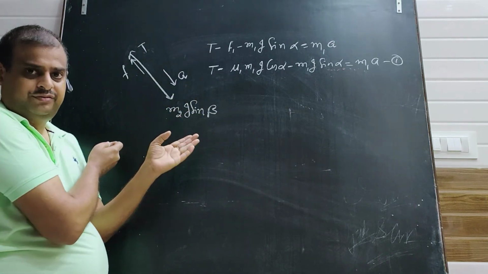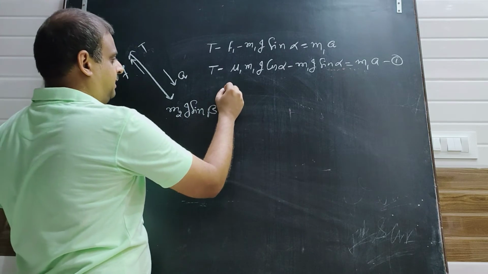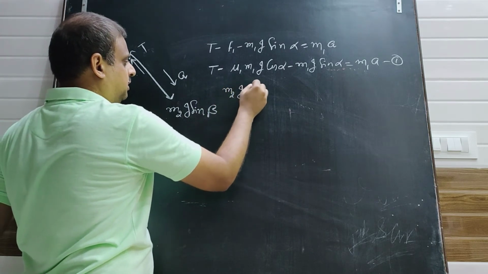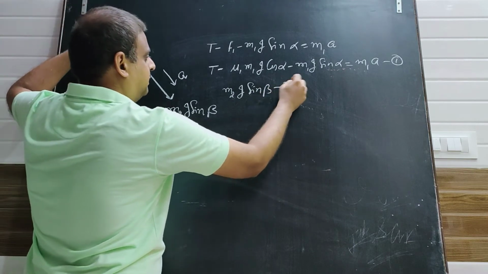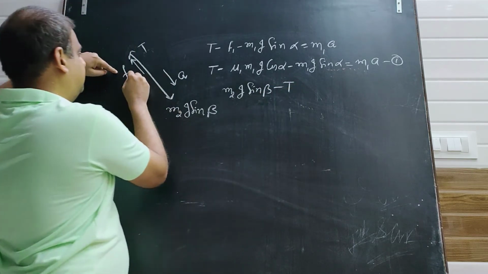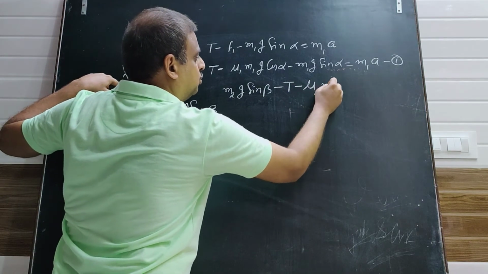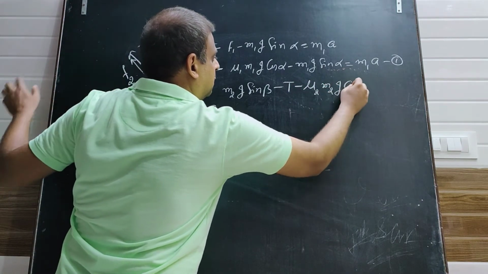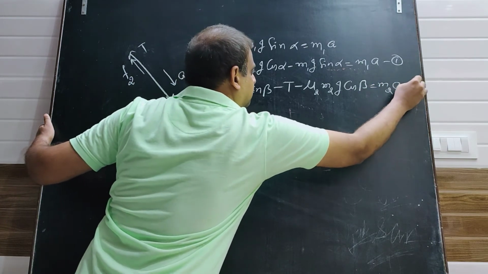These two are negative because acceleration is in downward direction. So we will get m2g sin beta minus T minus F2, and that F2 is equal to mu2 m2g cos beta, and that is equal to m2a.